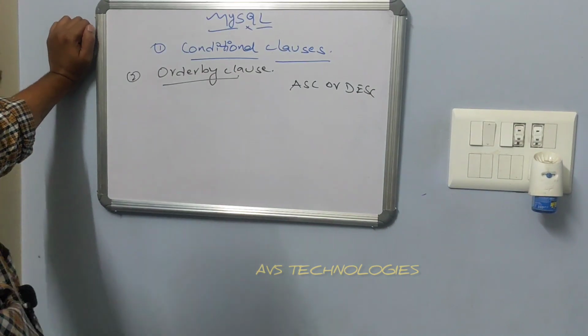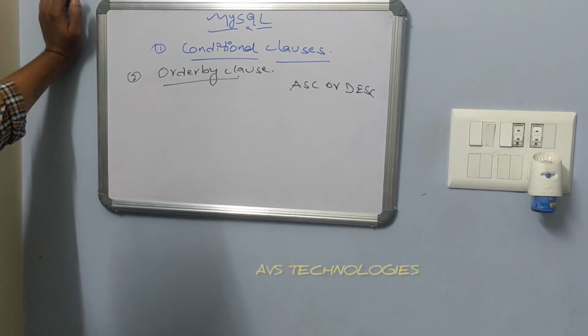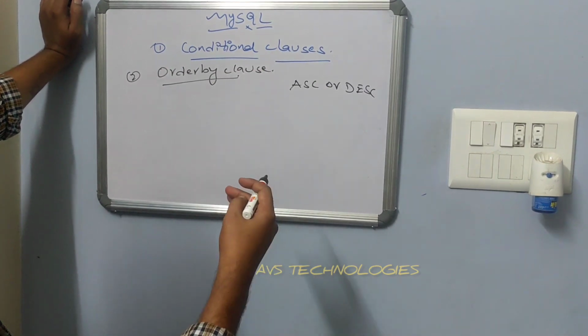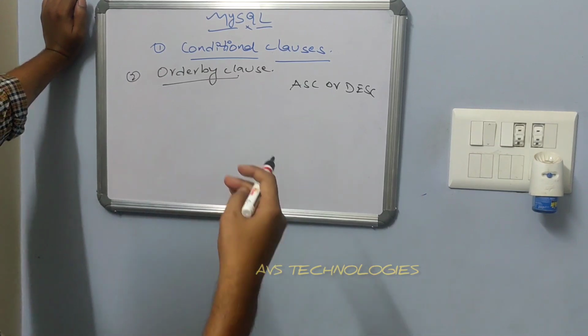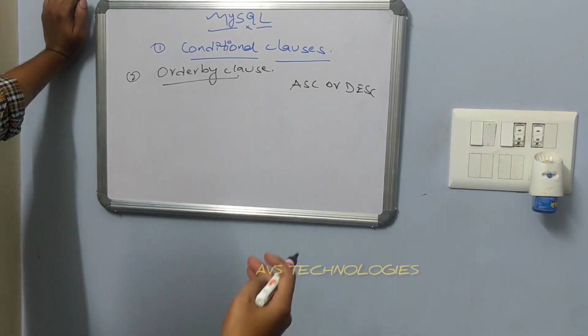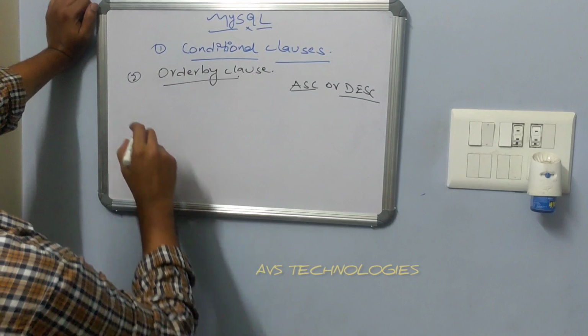Once again, the order by clause is a clause that in a statement or a table will sort the customer data, or whatever data in a table, into ascending order or descending order.